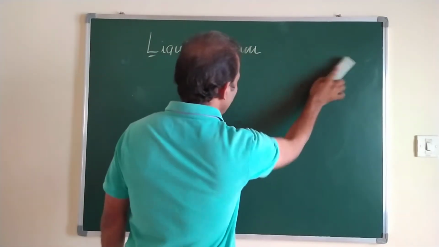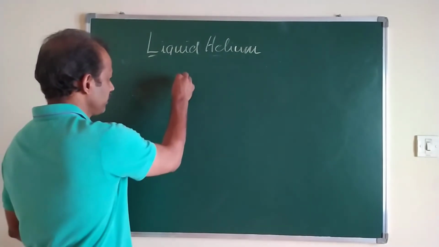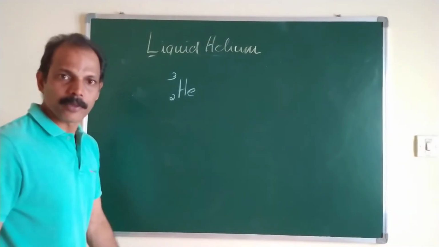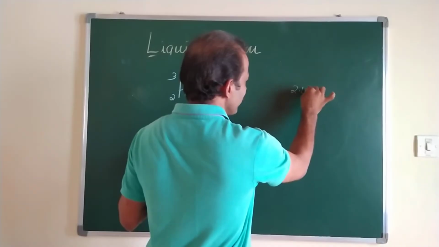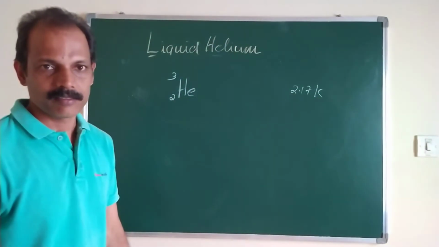But in the case of He3, it is a fermion. It does not undergo condensation, or even at 2.17 K, it does not show superfluidity.